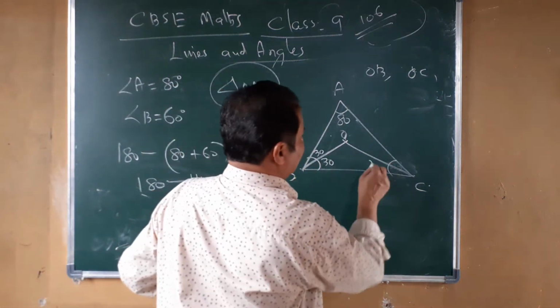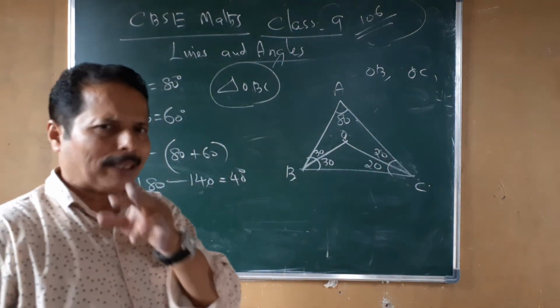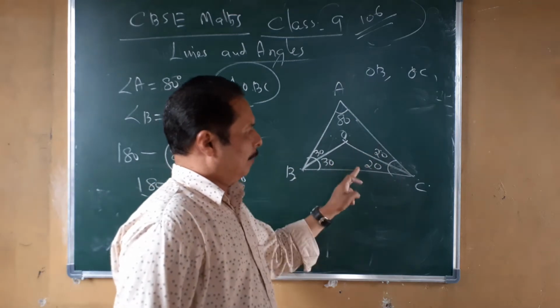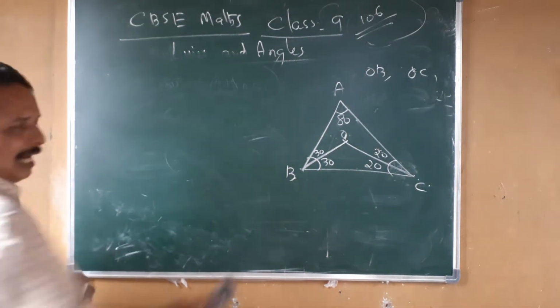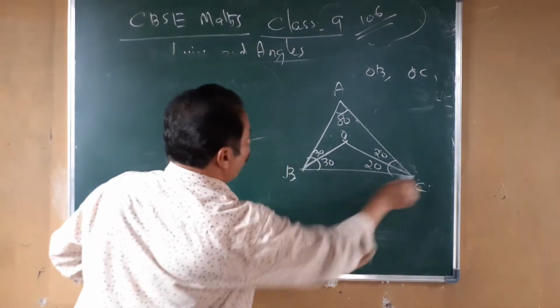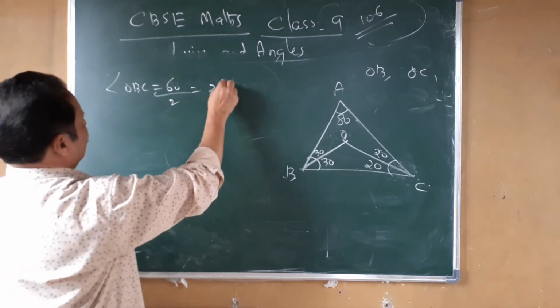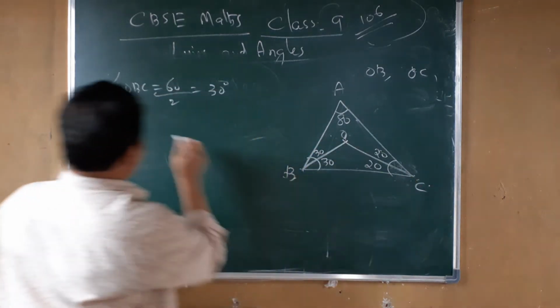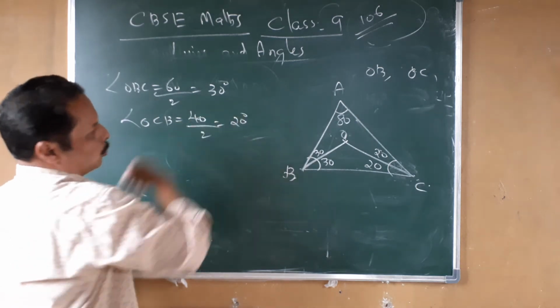Here it is 40 degrees, so OC also divides it into two equal parts: 40 divided by 2, 20 and 20. So angle OBC is 60 divided by 2 equals 30, and OCB is 40 divided by 2 equals 20.